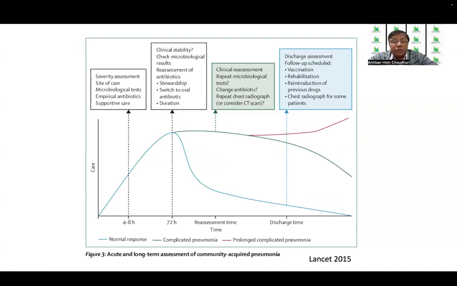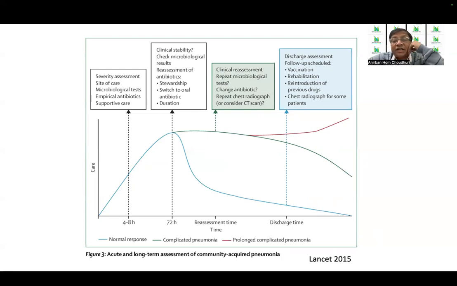Next, after 72 hours, it is the reassessment time, where clinical reassessment may necessitate repeat microbiological tests or may require a change in the antibiotic based on the culture reports, and one can consider repeating a chest X-ray or a CT scan, as the case may be.